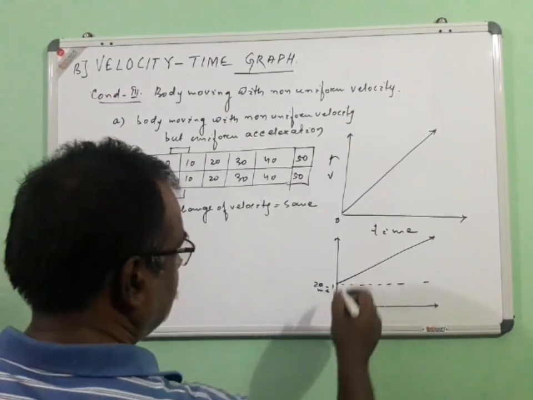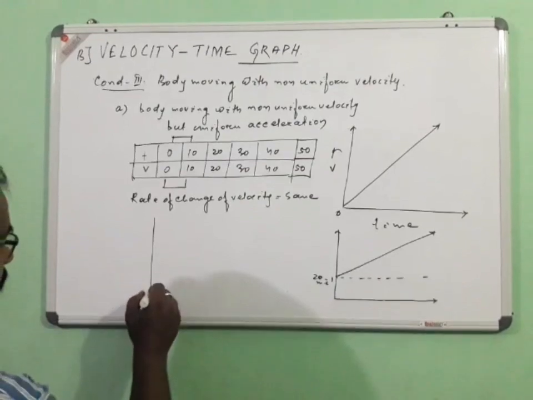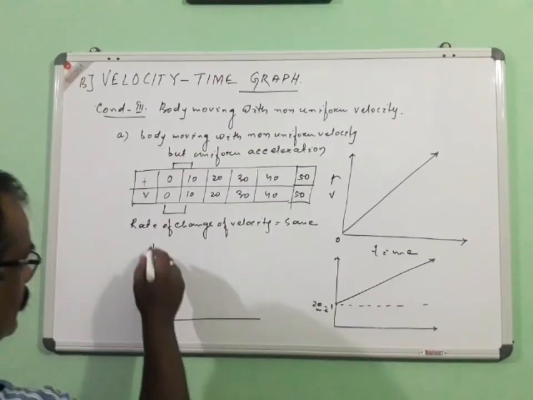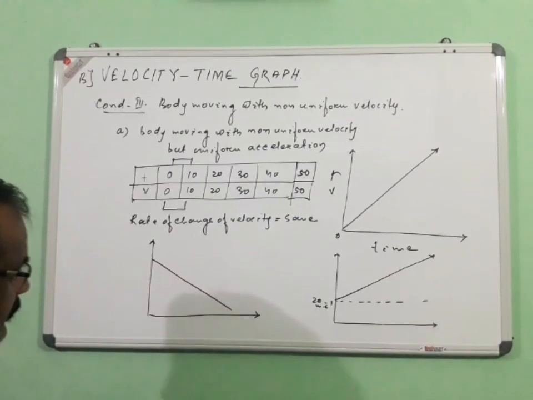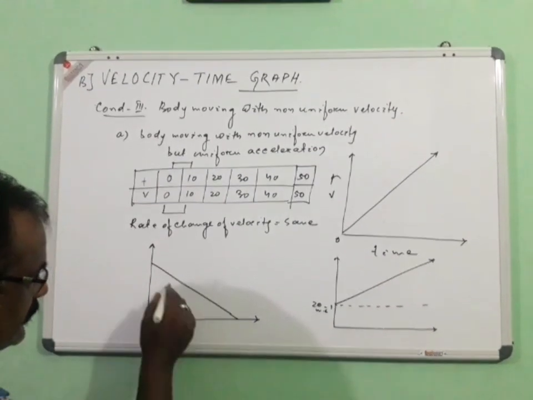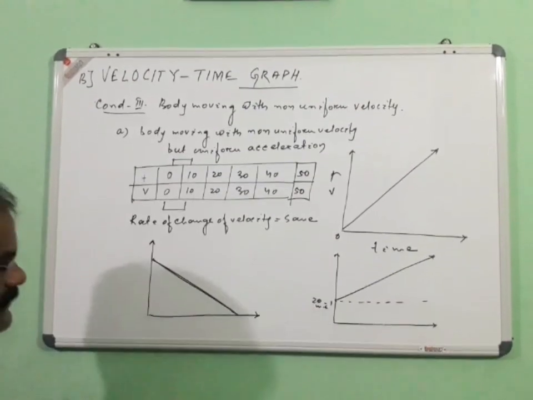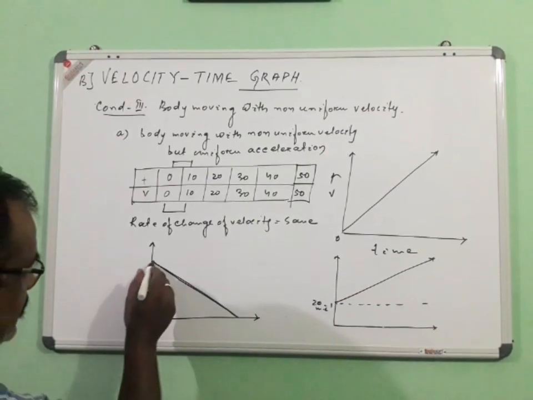Another example that we can see here is that the body may have a graph of this type, where the straight line indicates that the slope is uniform, but it is a decreasing graph.